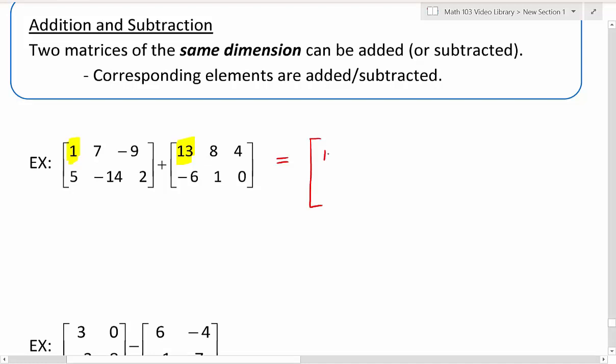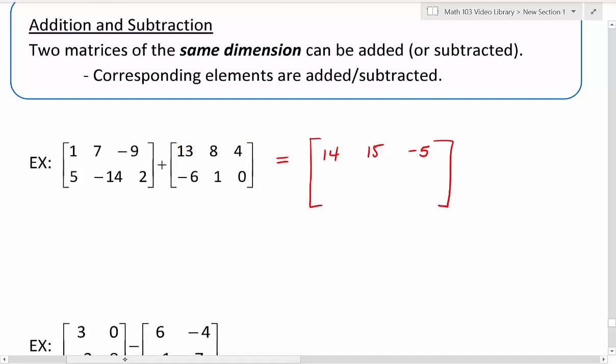That gives us 14 in the first row, first column. Next we'll add 7 and 8. That's 15, first row, second column. And now we'll add -9 and 4. That gives us -5 in our first row, third column.